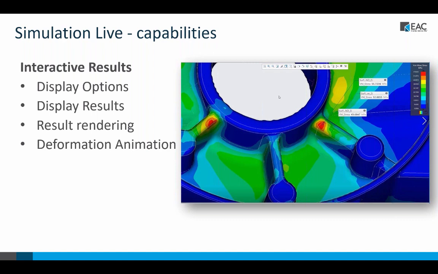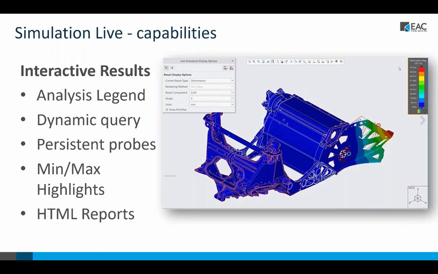Kind of winding things down, another slide or two here: interactive results. We've got the ability to show things here. We're showing, in this case, the definition. You can control whether you want to see this little legend displayed or not up in the upper right-hand corner. There's dynamic query, so you can take the little probe over the model and have it report back values for whatever item you're displaying as far as results.